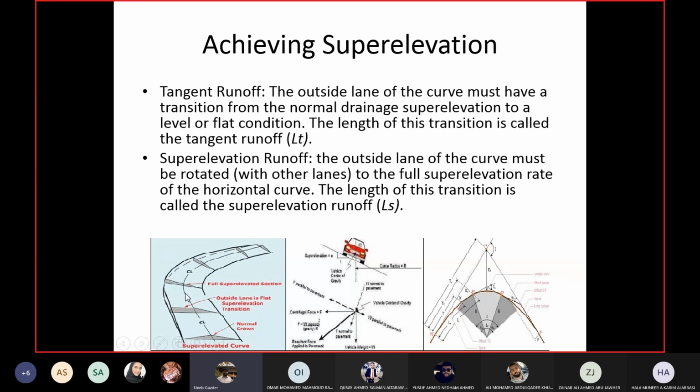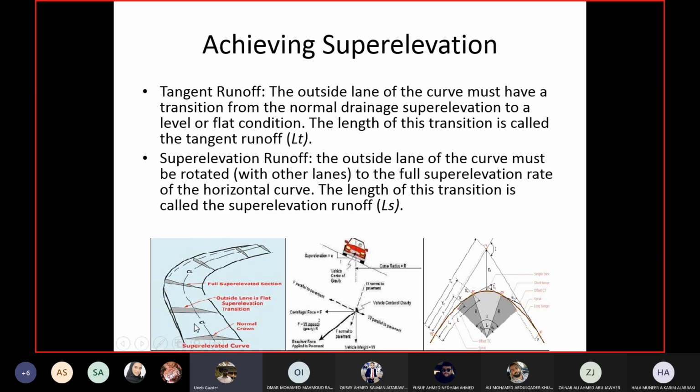So in the end, the whole road must be along the same slope, which is the full super elevation. Now for example, if your super elevation was 3%, the outside lane is now 0, so you raise it from 0 to 3%, and the inside is already 3%, so no need to change it here. So in super elevation runoff, all lanes may not be changed. If the inside lane already has the required super elevation slope, you don't need to change it.